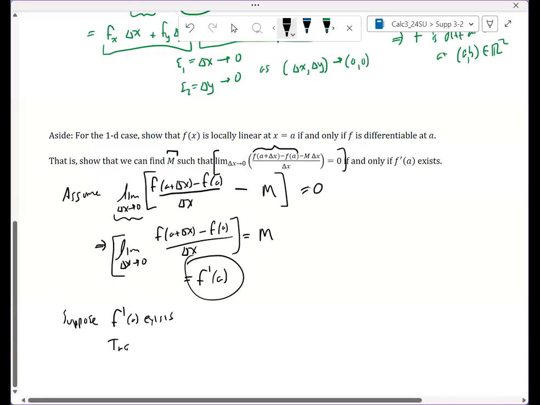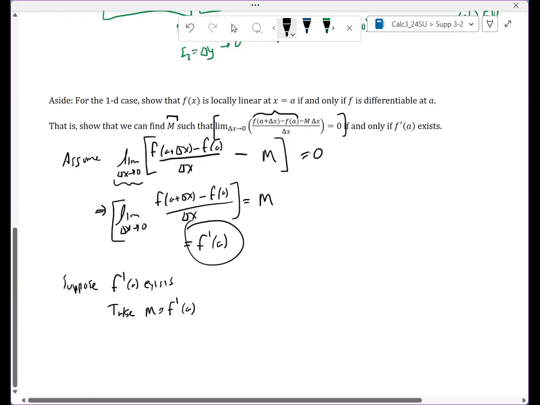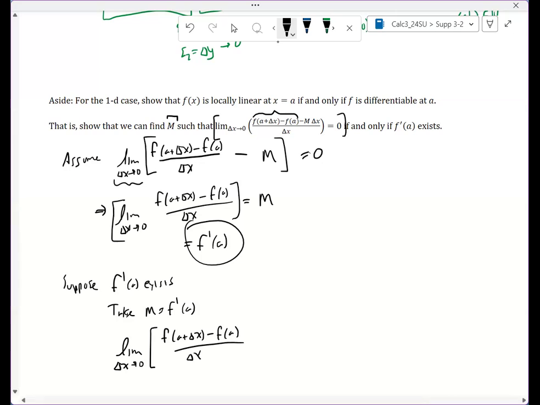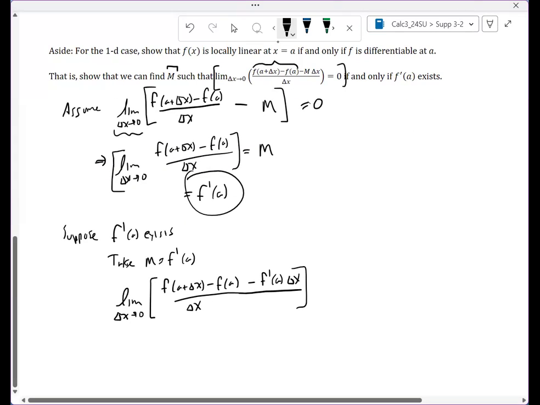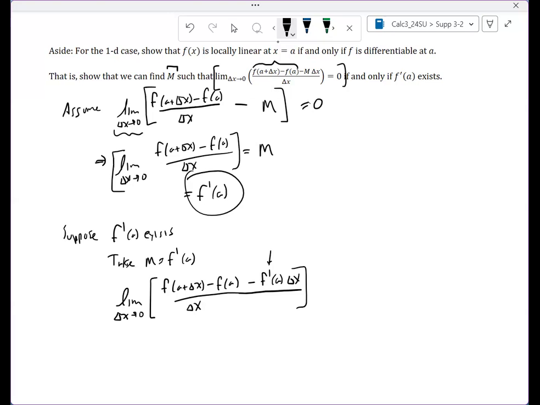Then we'll take m equals f prime of a, and we have the limit as delta x goes to 0 of f of a plus delta x minus f of a over delta x, and then minus f prime of a delta x in the numerator. Now, what do I know about this limit? F prime of a exists, so it's a real number.